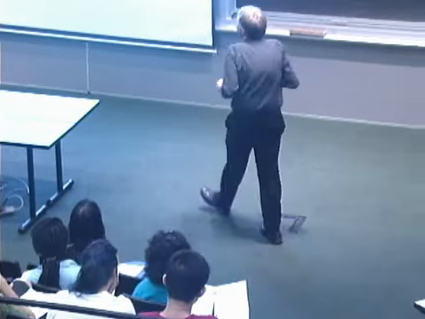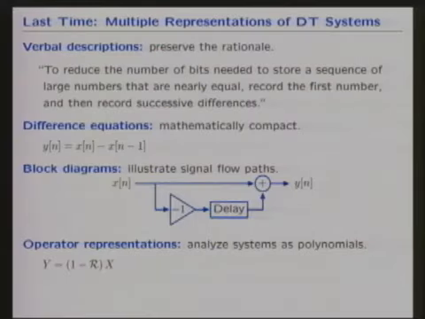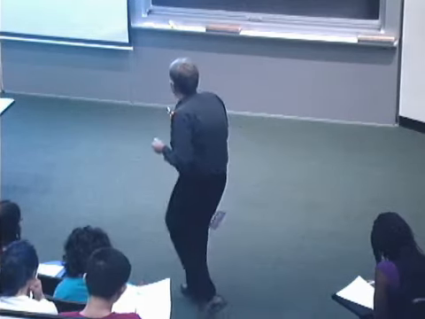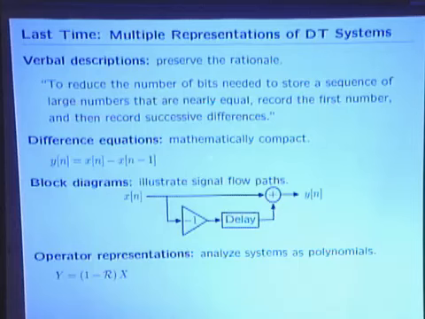OK, so last time we started to think about how to think about discrete time systems. The thing you were supposed to get out of last time is that there's different representations for discrete time systems. We're interested in all of them because of the strengths and weaknesses of each. We looked particularly at difference equations, which are mathematically precise and concise.